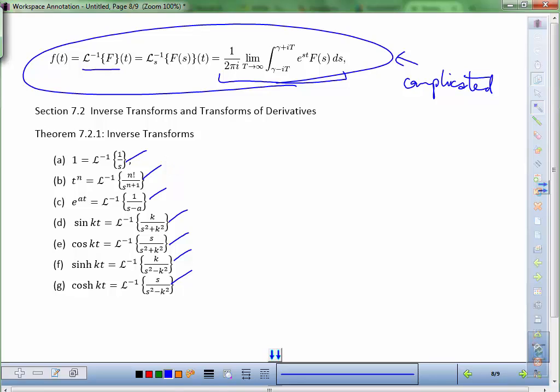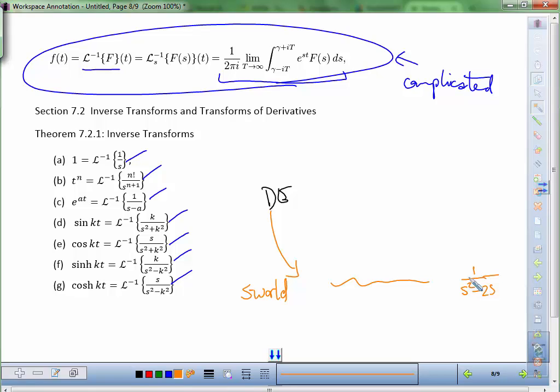So in other words, if we remember that big picture where we have the DE, the differential equation, and then we go into the S world. And then let's say in the S world, we come up with 1 over S squared minus 2S as our solution.